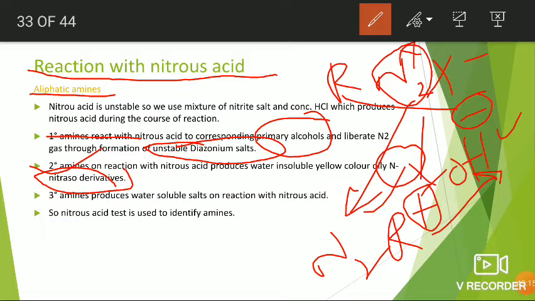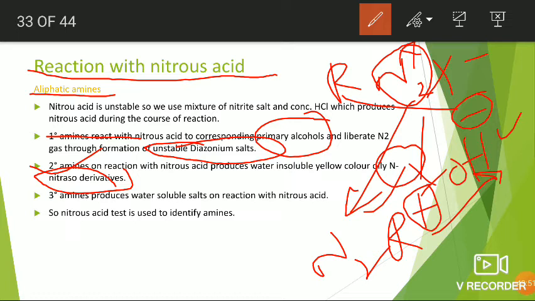They are generally carcinogenic compounds, that is, they cause cancer, and are known as carcinogenic agents. On treatment of an amine with nitrous acid, if we get a yellow oily compound, then we can identify the amine as a secondary amine.